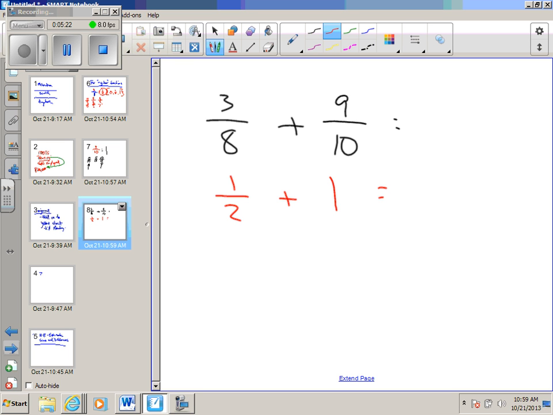Here is where we're going to estimate that sum that was mentioned in the beginning. So a half plus 1 whole should give me what, Brian? 1. Now it's okay to have that mixed number.